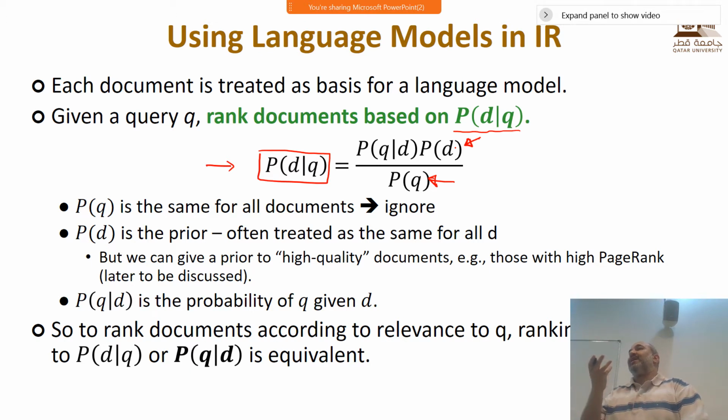Page rank is an algorithm that gives a score for every document based on how important this document is and the quality of that document, regardless of any query. If that's the case, then we can use page rank as an estimate for that probability. But if we don't have that, we'll just ignore it.